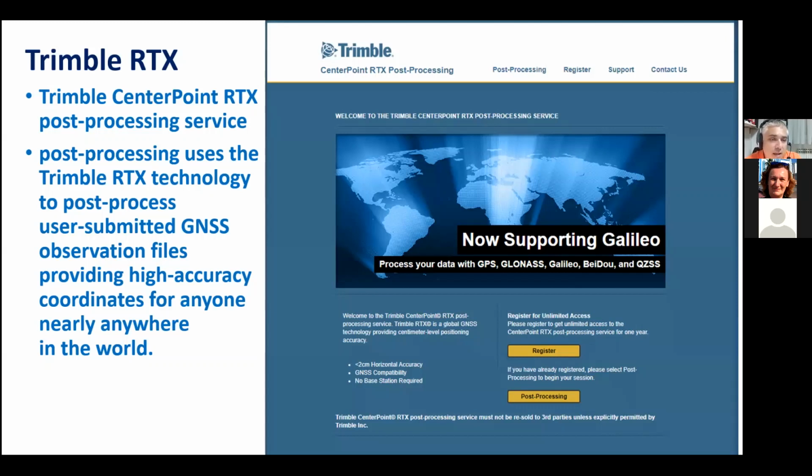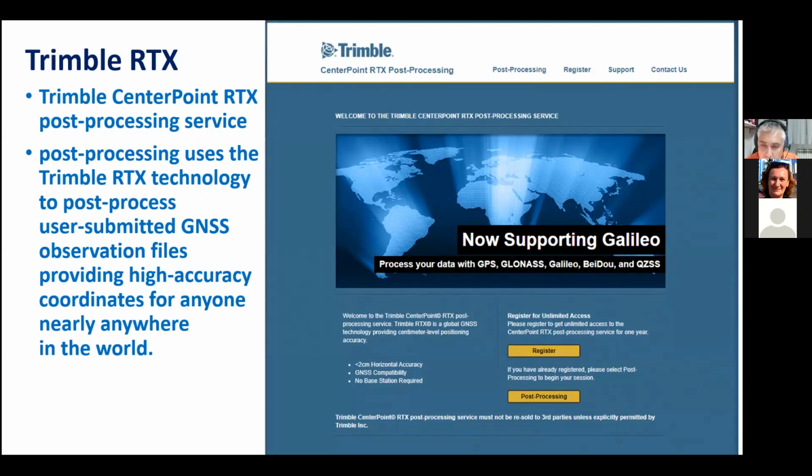It basically uses Trimble RTX technology to post-process user-submitted GNSS observation files, providing high accuracy coordinates for anyone nearly anywhere in the world.